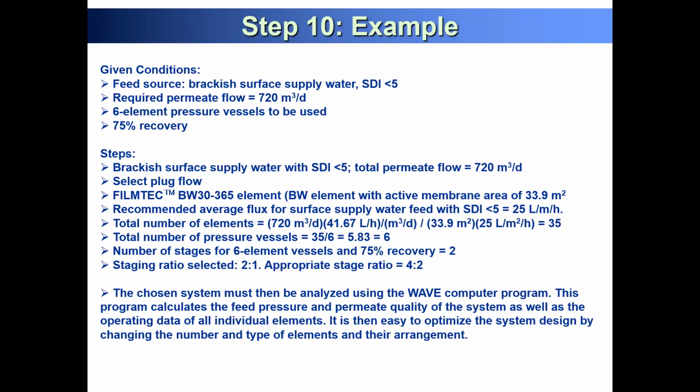First step: brackish water supply with an SDI less than 5. The permeate flow rate is 720 cubic meters per day. Already we have a very good feed water source with an SDI value less than 5, so this is good enough to pass through our RO feed.